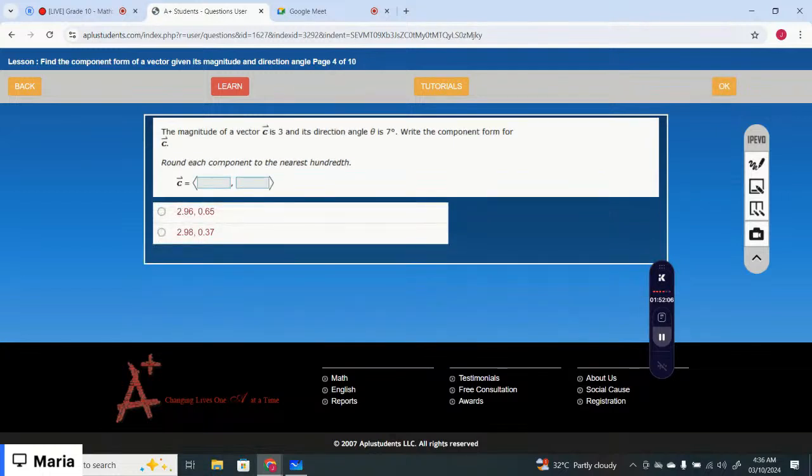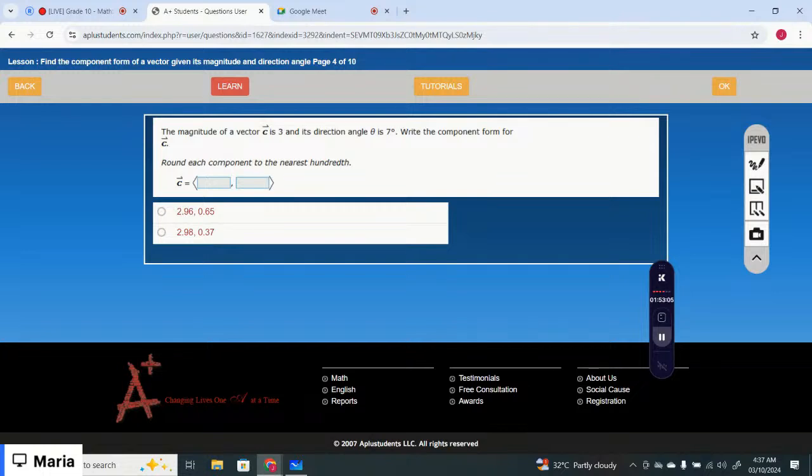The magnitude of vector C is 3 and its direction is 7 degrees. Write the component form of the vector C. So you have to do 3 times cos 7 and 3 times sin 7.